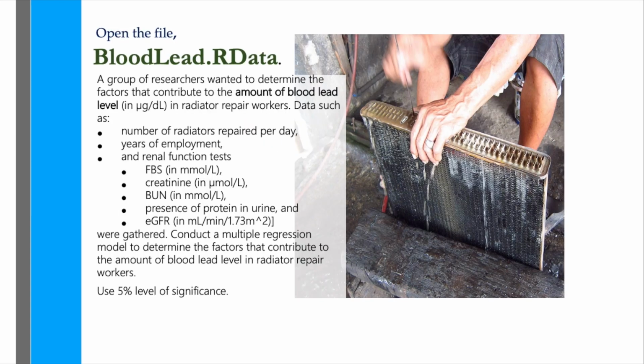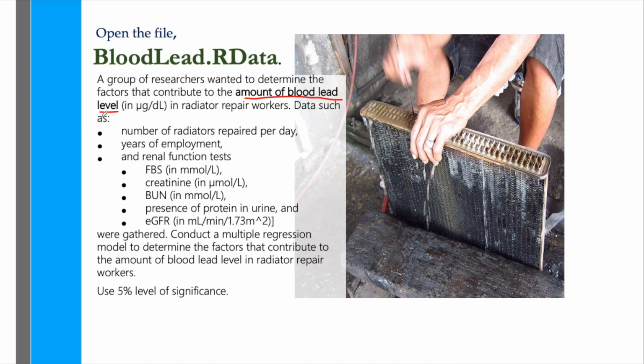So let's open the file bloodled.r data. This is about a group of researchers who wanted to determine the factors that contribute to the amount of blood lead level in radiator repair workers.